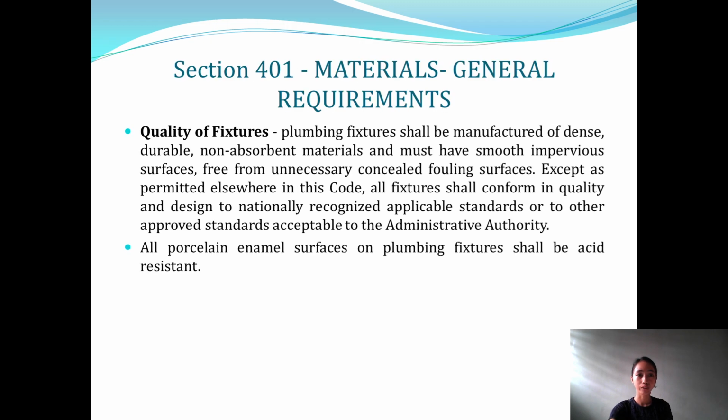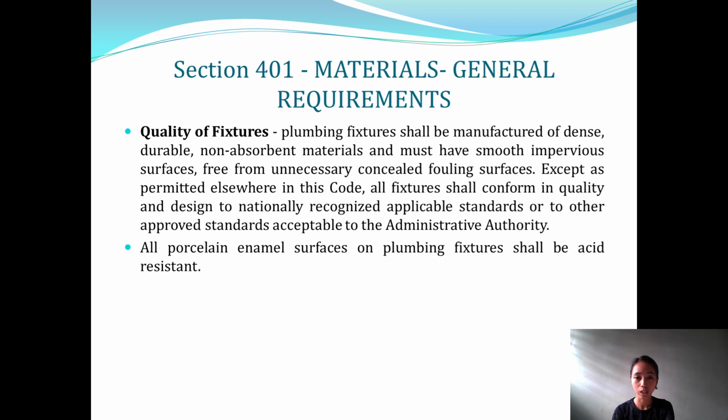Let's now begin with Section 401, the materials general requirements. Quality of fixtures. Fixtures shall be manufactured of dense, durable, non-absorbent materials and must have smooth, impervious surfaces free from unnecessary concealed fouling surfaces, except as permitted elsewhere in this code.